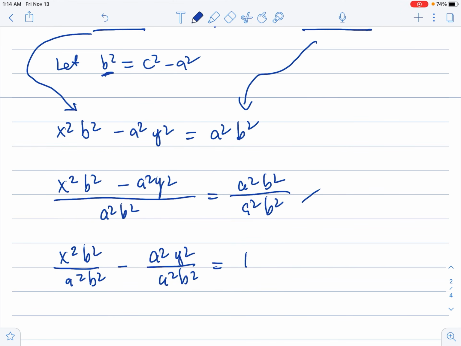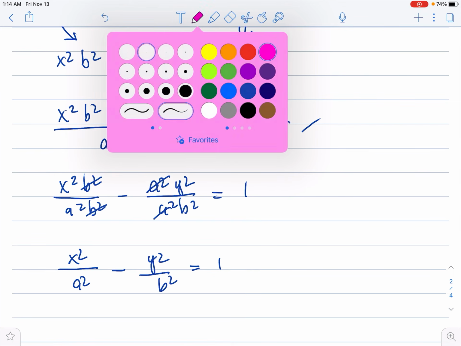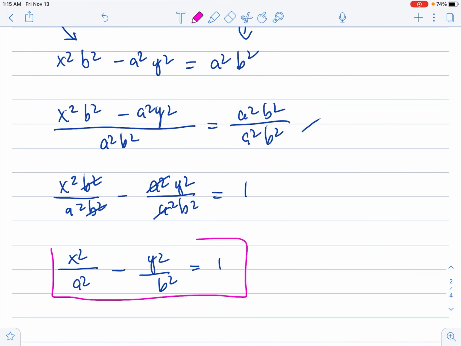Kasi ito 1 na yan, di ba? And I can cancel this and also this. So matitira x squared over a squared minus y squared over b squared is equal to 1. At ito yung equation ng ating hyperbola.